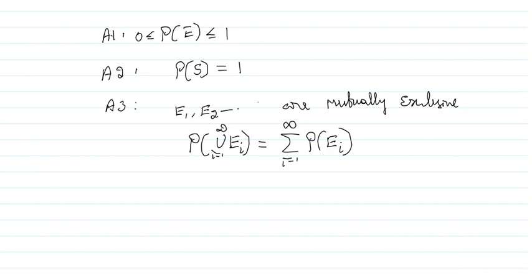For each event you assign a number, of course a number which lies between 0 and 1. And that function has to satisfy these three axioms: the probability of E always lies between 0 and 1, P of S is equal to 1, and for mutually exclusive sets, this is what should happen, right?